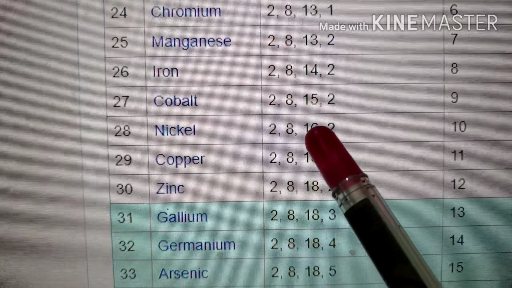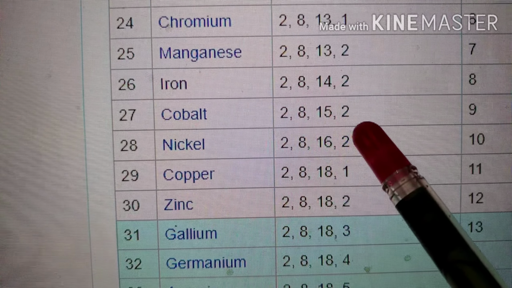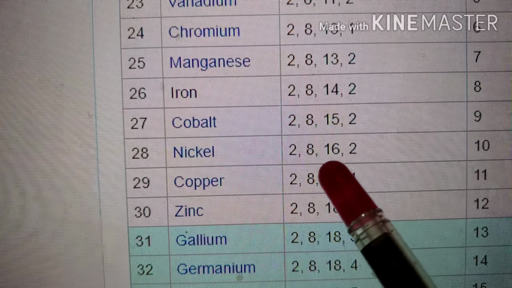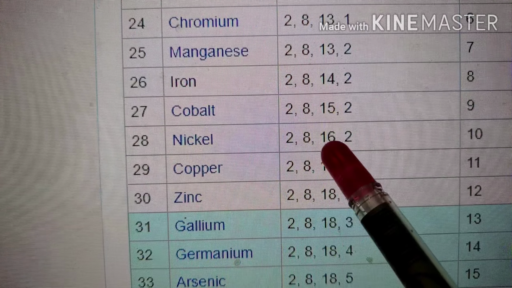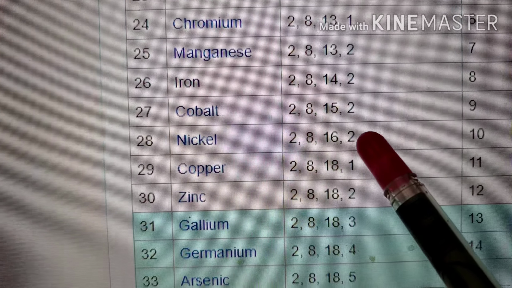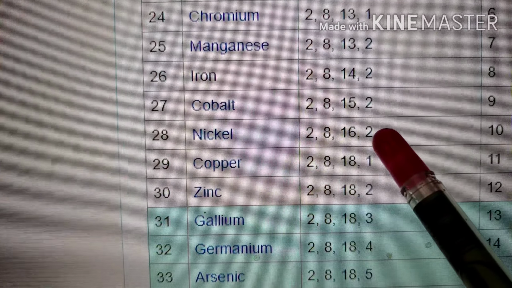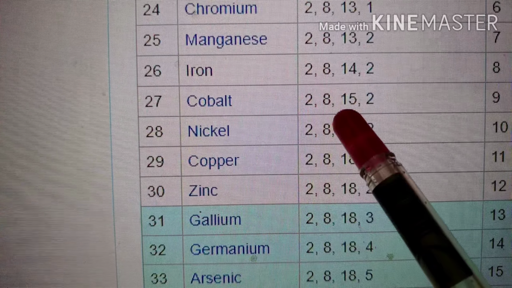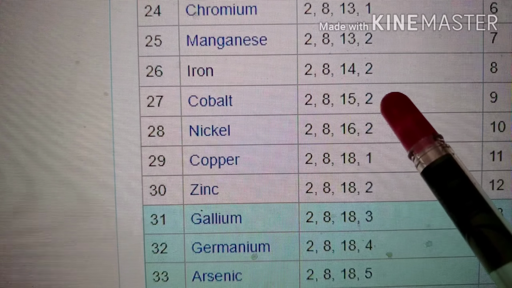So the rule is, up to 18 it will transfer a maximum of 3 electrons to its outermost shell, keeping the maximum in the third shell. It can be 15,3, but not 14,4. 15,3 can be possible. It can be cobalt. 14,3 and 15,2 are possible.